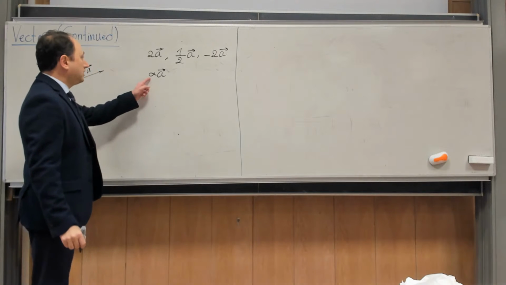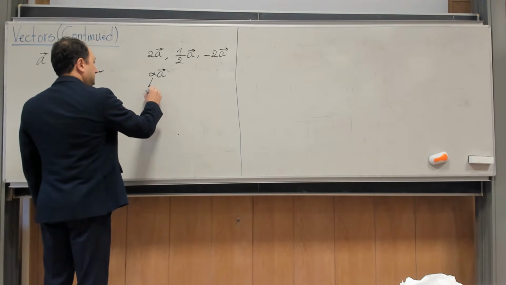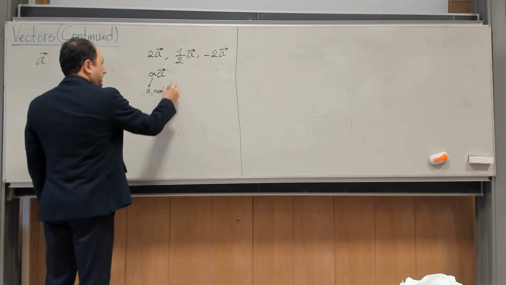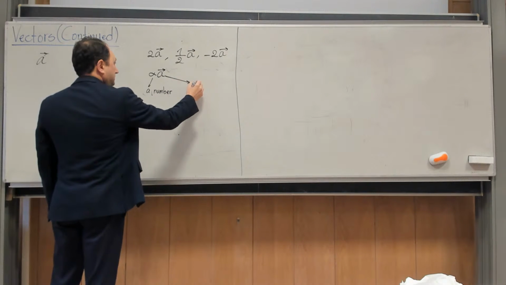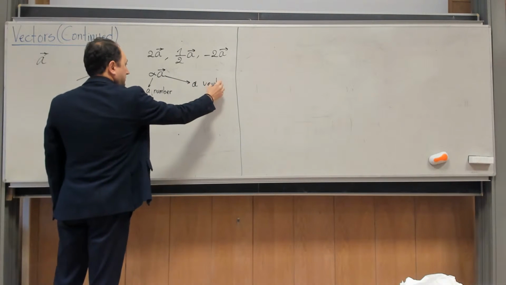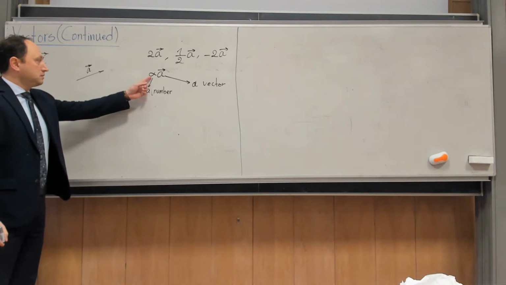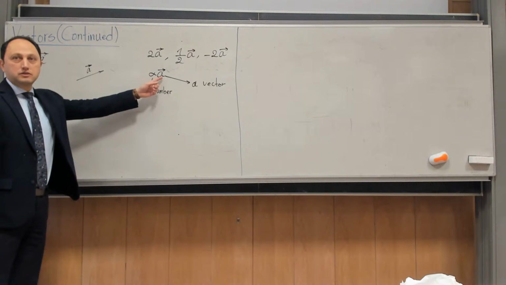Yes, alpha is a number and A is a vector. So I want to talk about how we multiply a number by a vector.